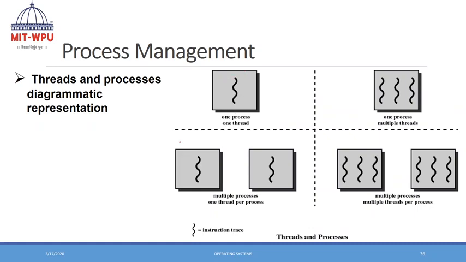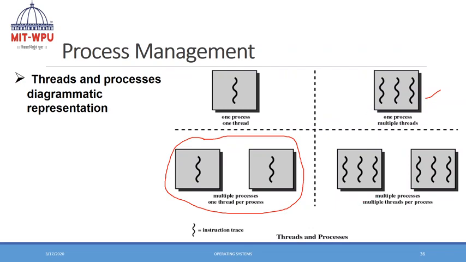Whereas in this case we can see that multiple processes can be executed and scheduled, but for each and every process only the main thread can be created. It means that a process cannot have multiple threads. Whereas in this case we can see one process can support multiple threads.